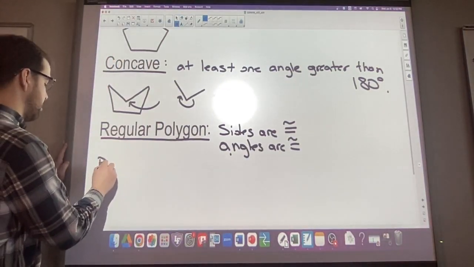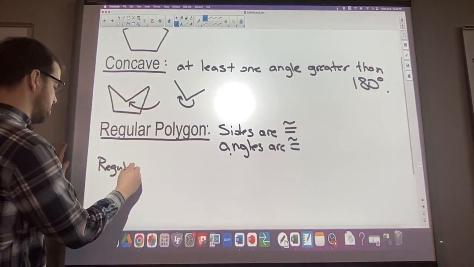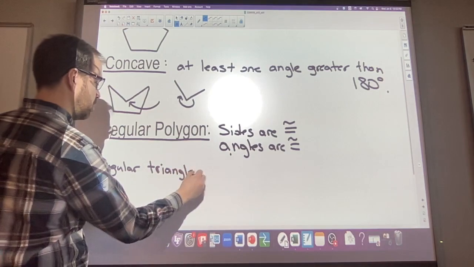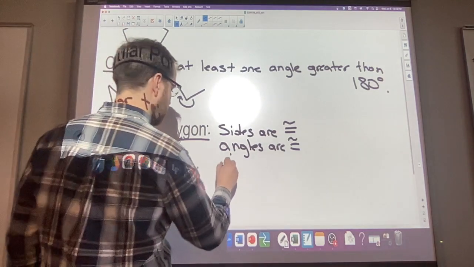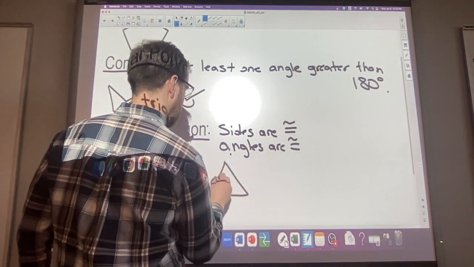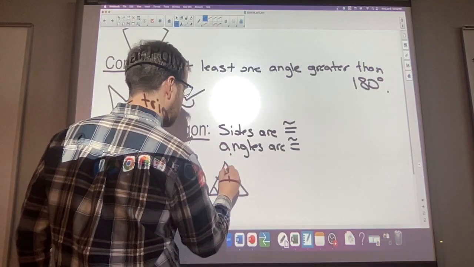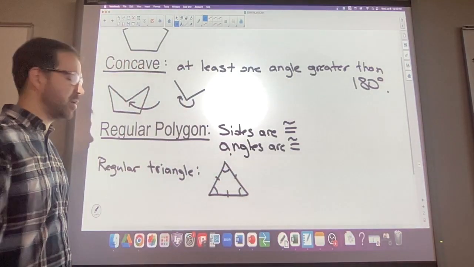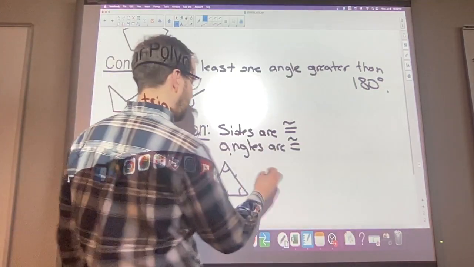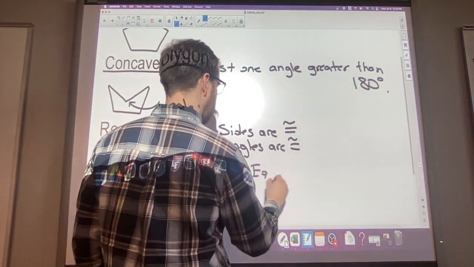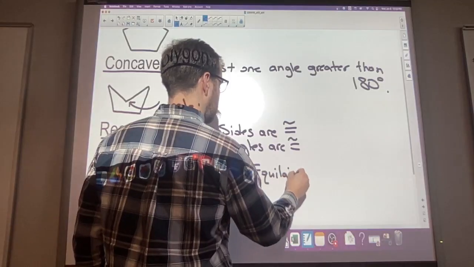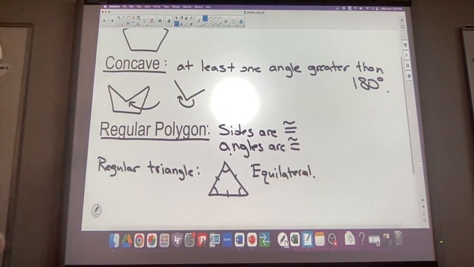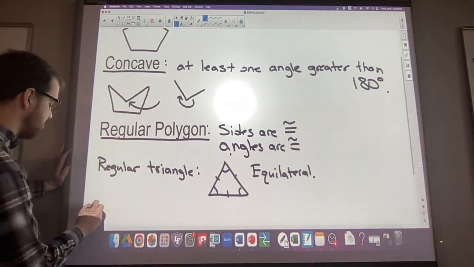This is a regular triangle. All the sides are the same and all the angles are the same. And we have a word for this because it comes up so much that we've made a word for it. It's called equilateral. Okay? Equilateral triangle.